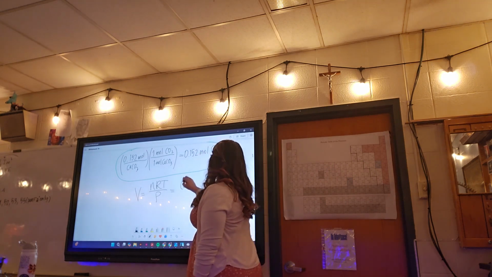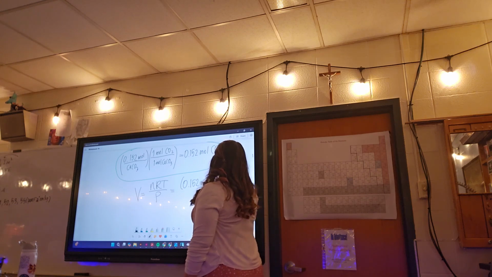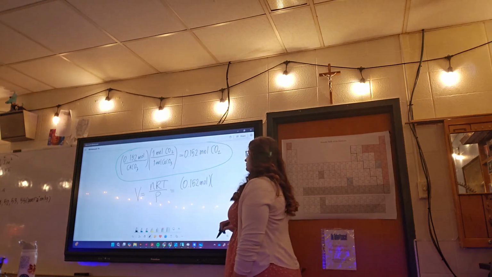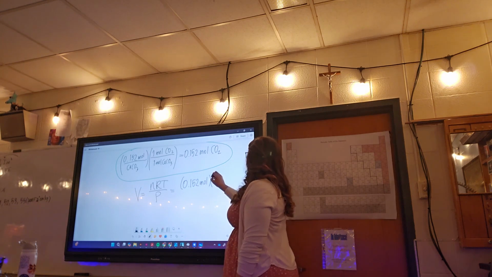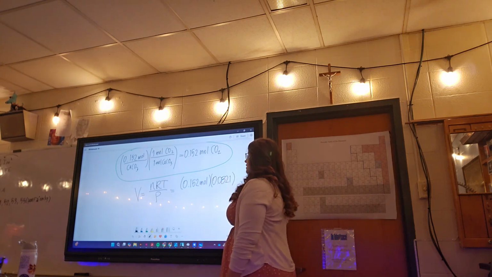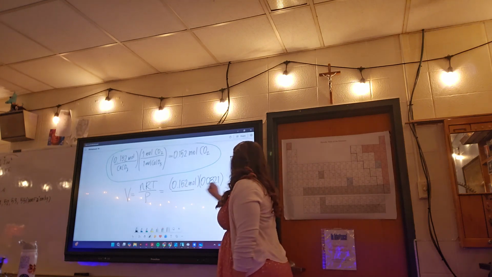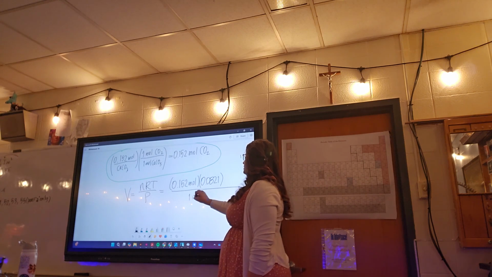0.1. So what you just calculated. What's your value for R? 0.08. Again, I found that by looking on my tan sheet, and I know that my pressure unit is atm, and so that's what determines which of the R's you choose.